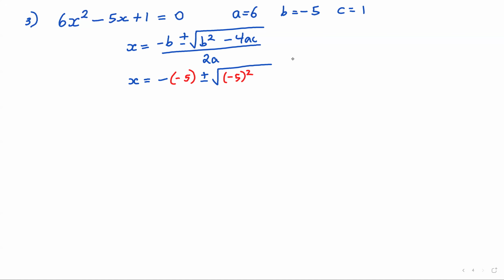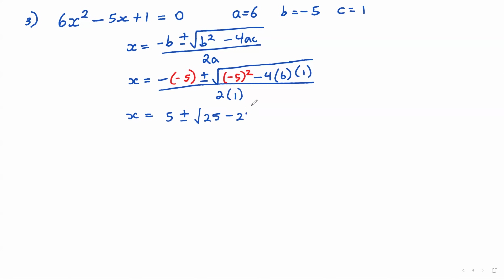Take away 4 times A, which is 6 times C, which is 1, all over 2 times A, so A is 1. Now simplifying, minus 5 will just be plus 5, so positive 5, plus or minus the square root of, well, -5 squared is -5 times -5, so that's 25. -4 times 6 is -24 times 1, so that's -24.